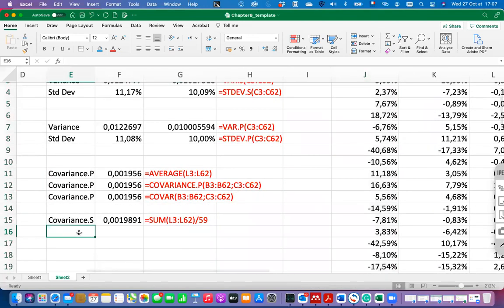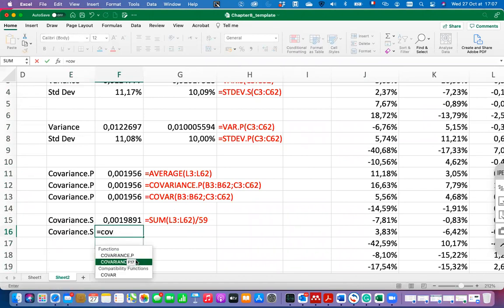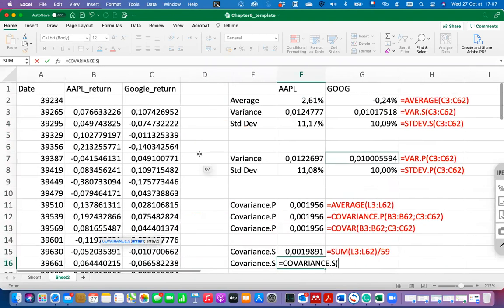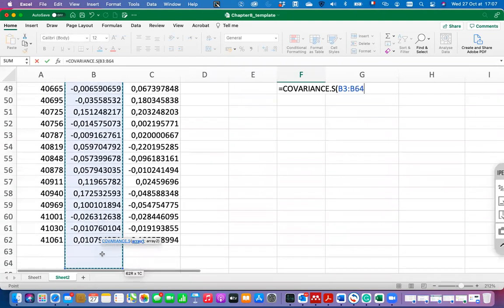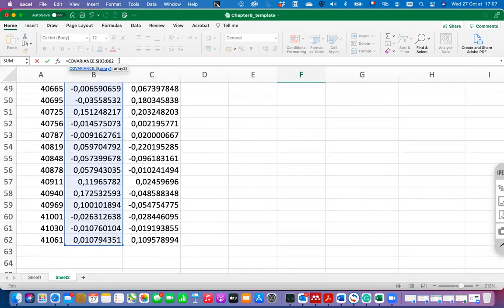Or we can use directly the covariance S and then specify the Apple return and then Google return.